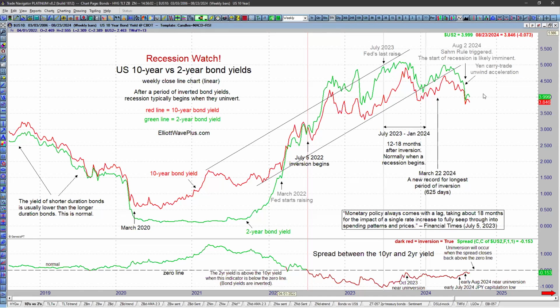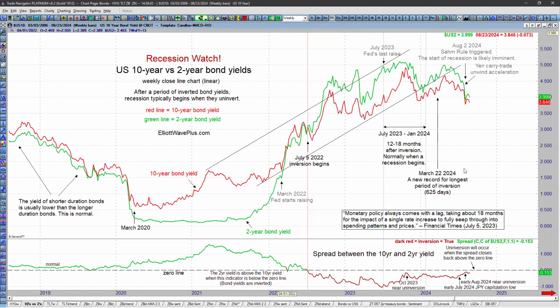She discovered by back testing that if the unemployment rate ticks up enough over a period of time, it signals that a recession is likely imminent. So that triggered in early August, early this month.